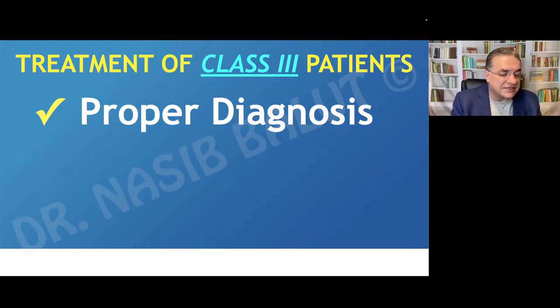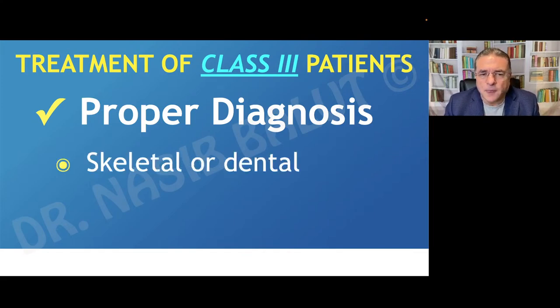Biomechanics is going to be the second situation, and the technique. I'm a Damon user for the last 23, 24 years, and I find a lot of advantage in this system.